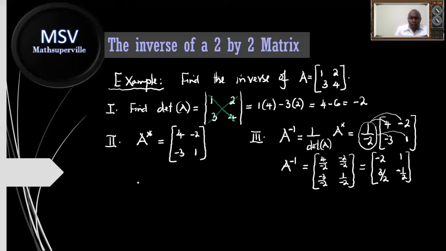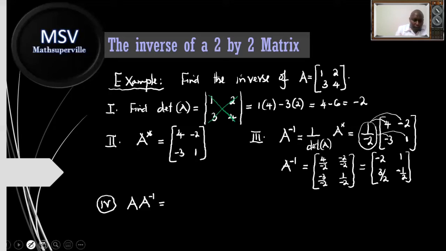In the last step, what do we do? We check. We want to check that we have the correct inverse. So we will multiply matrix A by A inverse. What should we get? We should get the identity matrix.